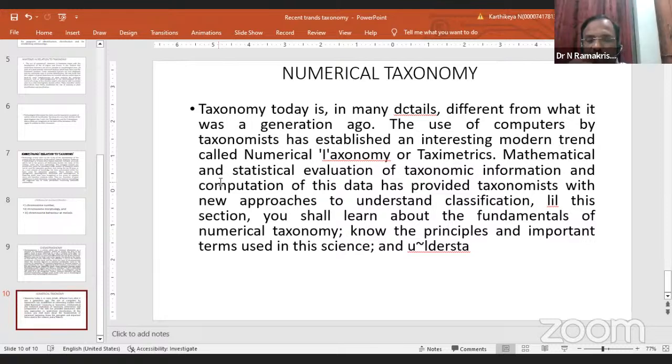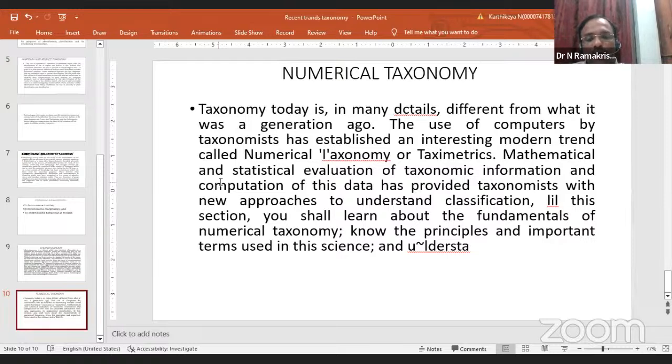The branch of taxonomy that uses mathematical methods to evaluate and observe the differences and similarities between taxonomic groups is called numerical taxonomy.